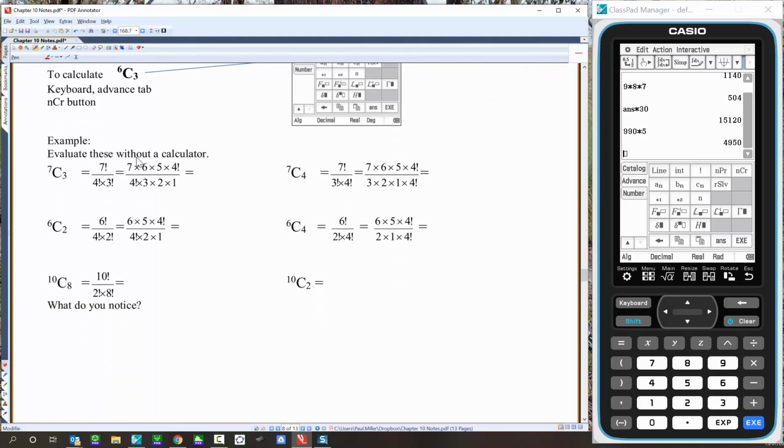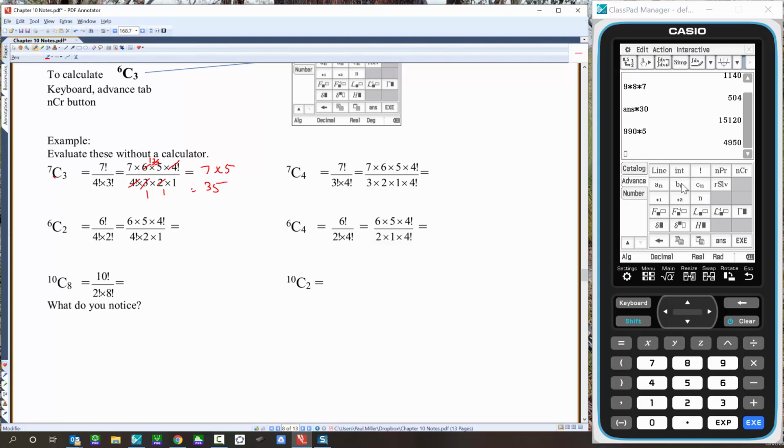All right, so looking at some more stuff here. Evaluate these without a calculator. 7 factorial over 4 factorial times 3 factorial. So using the formula, I've got 7 choose 3, that's what the formula's produced. Let's go ahead and simplify. 1, 2, 1, 3, 1. So that's going to be 7 times 5, which equals 35.